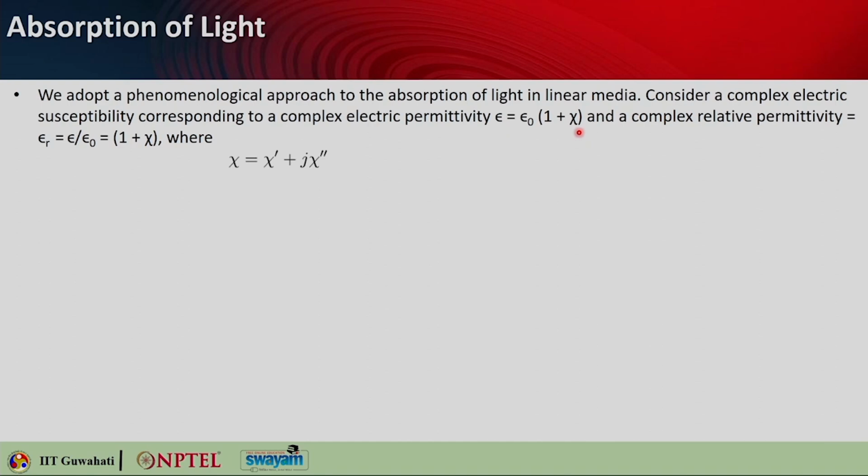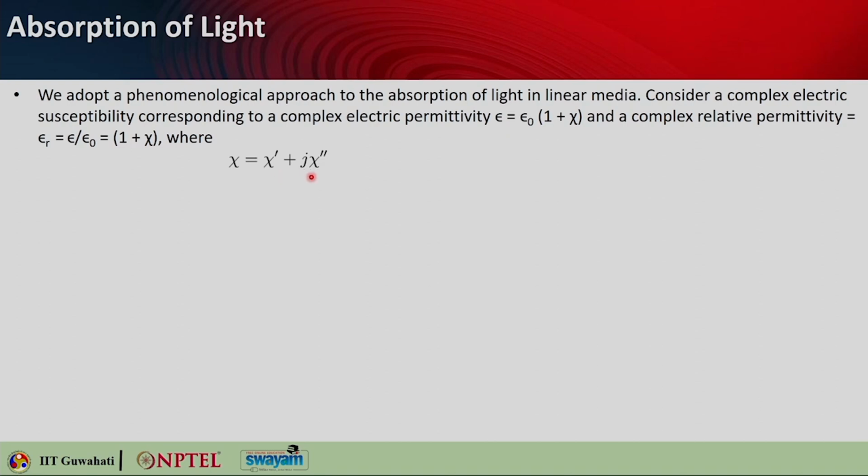Chi is the electric susceptibility, and a complex relative permittivity. So relative permittivity is epsilon r, that is epsilon over epsilon naught, and that is nothing but 1 plus chi. And here we have assumed that the electric susceptibility has a real part and an imaginary part, okay, because the material is lossy.